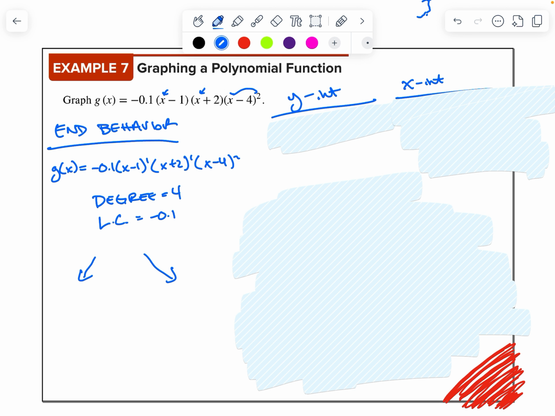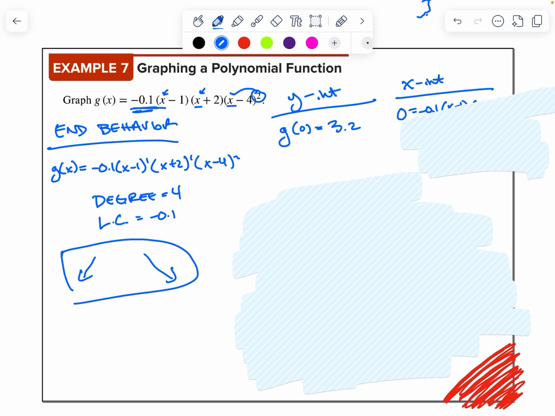Makes a total of 4. The leading coefficient is still -1. If we distributed that whole thing, which you could do, it's just a lot of work, you know that when you multiply x times x times x, and there's an extra x here, you're going to have x to the 4th. And when you multiply them times -0.1, you're going to have -0.1 x to the 4th. So here's our end behavior.